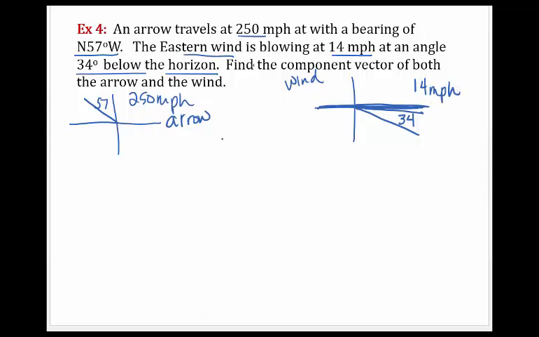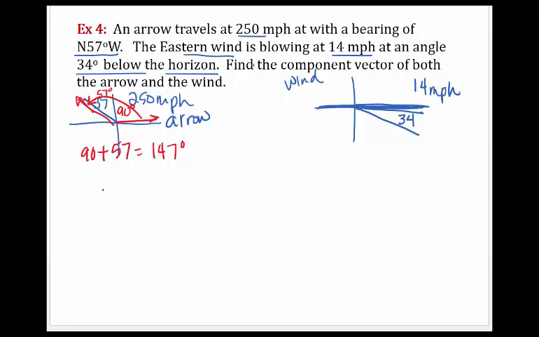All right. Now, in order to do my component vectors, I need to first convert these angles to standard angles. So let's focus on arrow first. All right. So I'm going to figure out what angle starts here and ends right there. Well, I know quadrant 1 is 90 degrees, and then I go 57 degrees more. That gives me 147 degrees. That is the angle I need to use for the arrow.